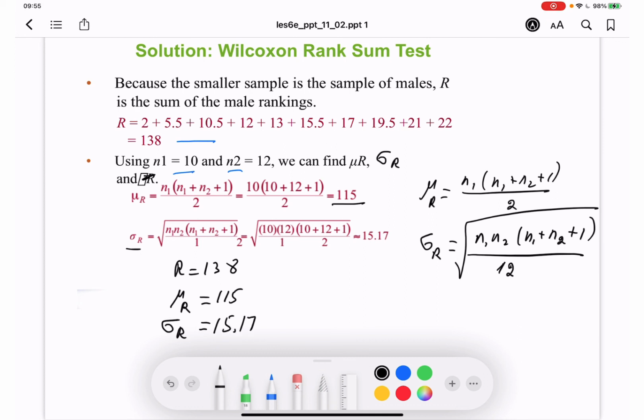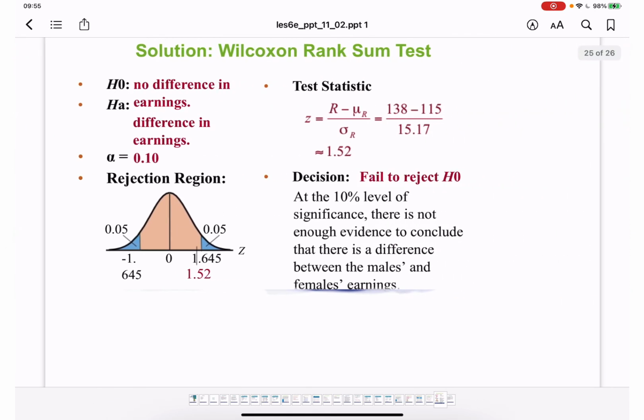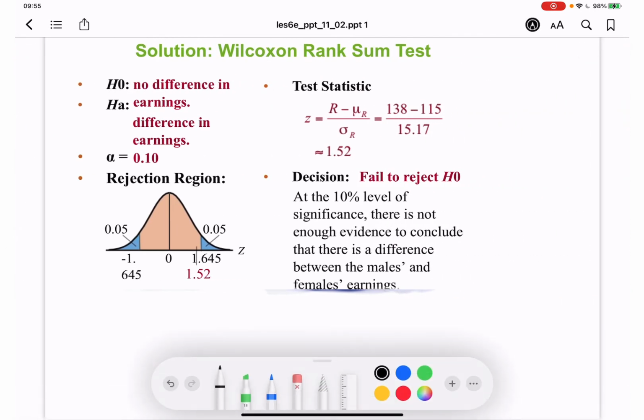So there is nothing else to do, just plug the values into the test statistic. 138 minus 115 divided by 15.17, and we have test statistic 1.52.